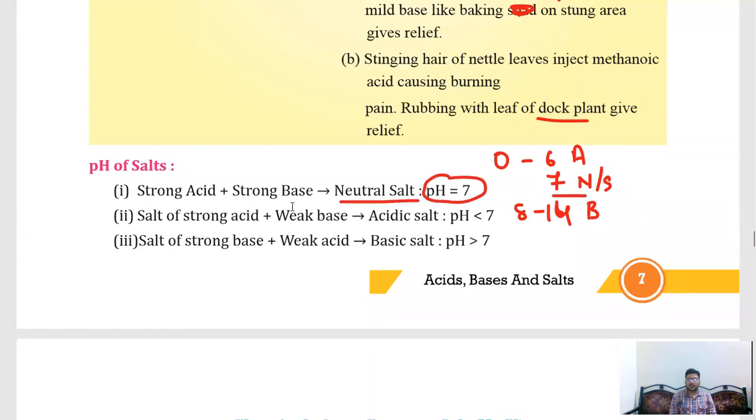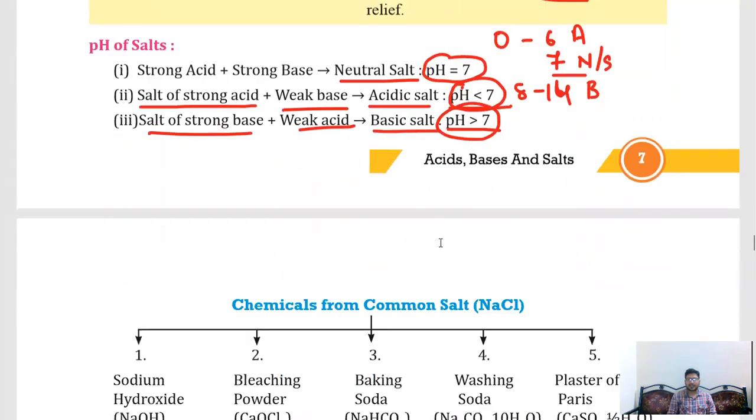If you add strong acid and weak base, H+ ion concentration is more, so you will get an acidic salt, pH value slightly less than 7. If you use strong base and weak acid, it will become a basic salt, pH value slightly greater than 7.